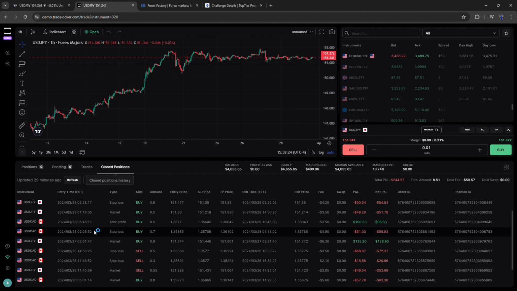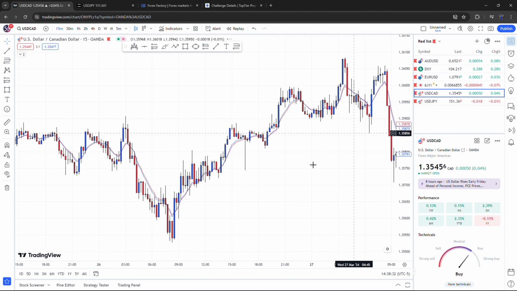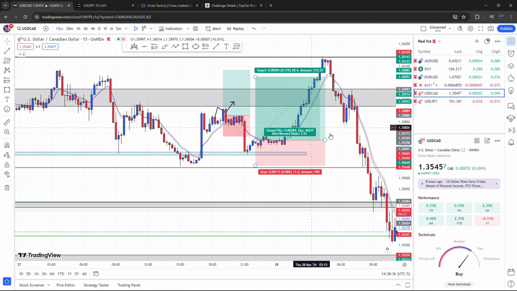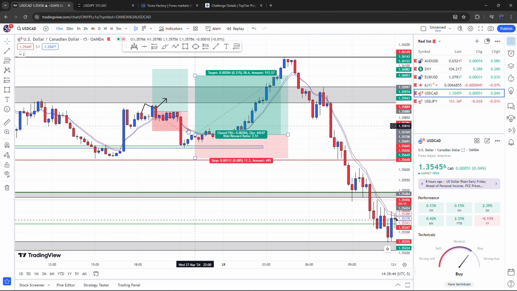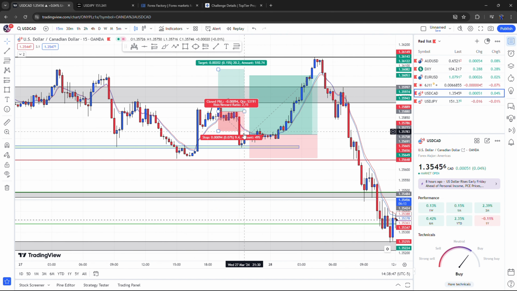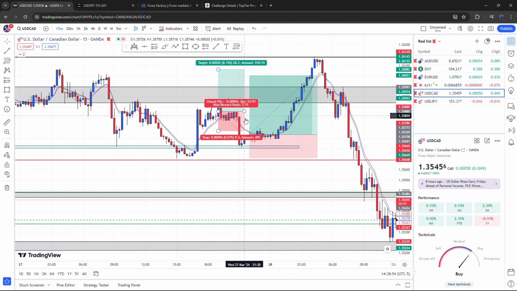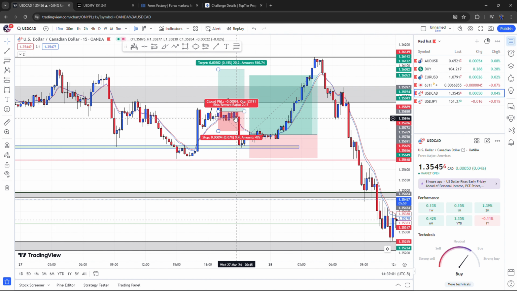And then on Wednesday, I took 2 trades on CAD, and as we come here, those 2 trades were right here. For the first trade, I won't be too upset at myself, because the reason I got wicked out was that I got this huge red candle which came back to the support, which I was super frustrated about.